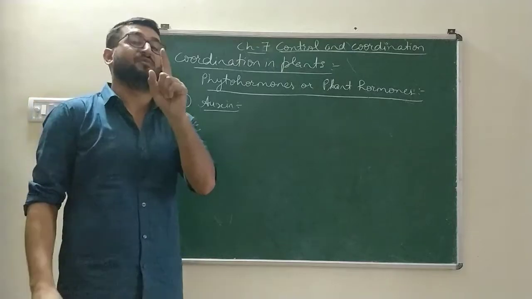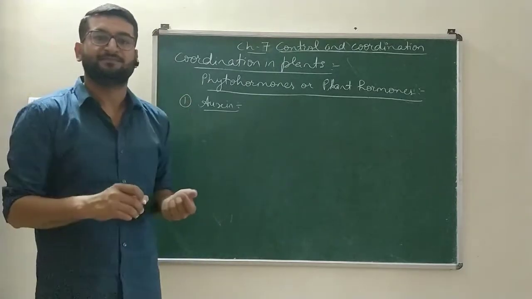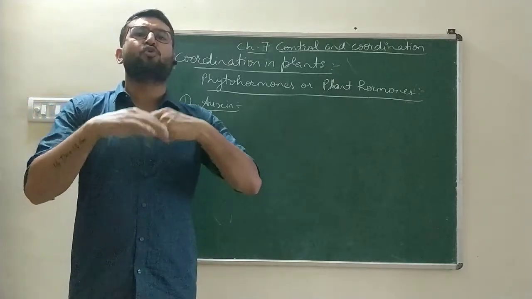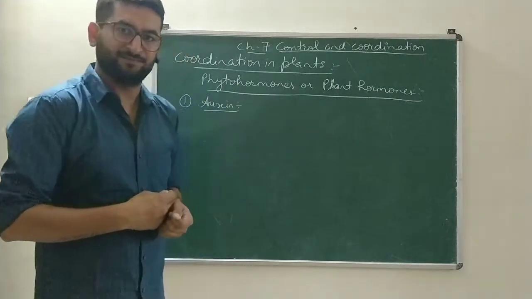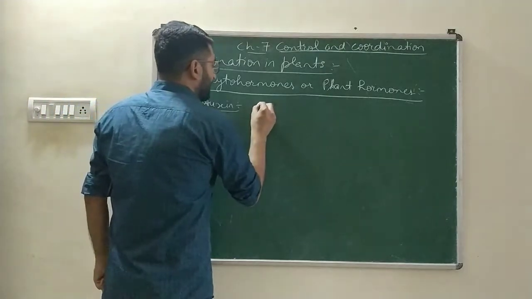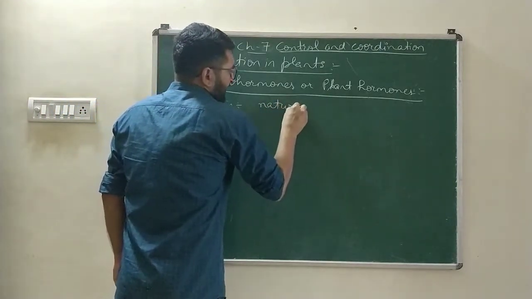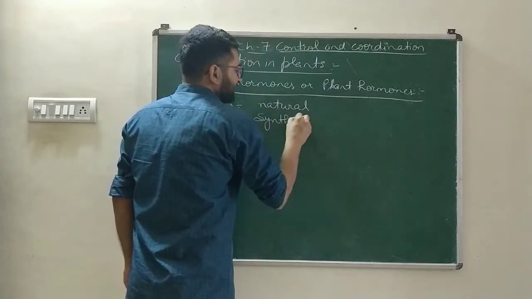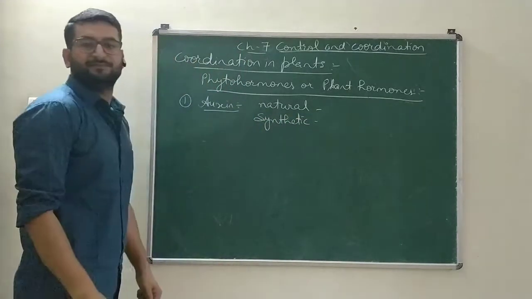Auxin is not a single hormone, it is a group of hormones. Today we know more than 100 auxins. Auxins are synthesized naturally, and synthetic auxins are also found.